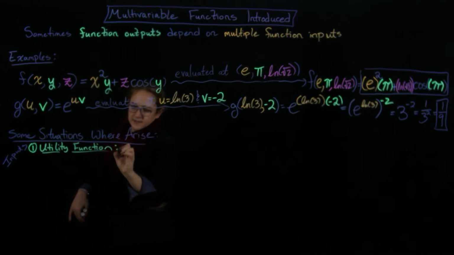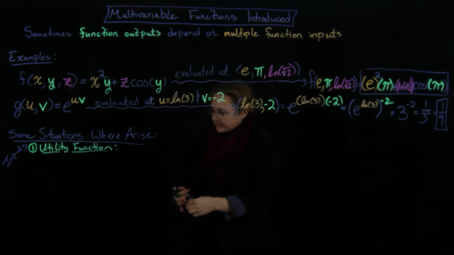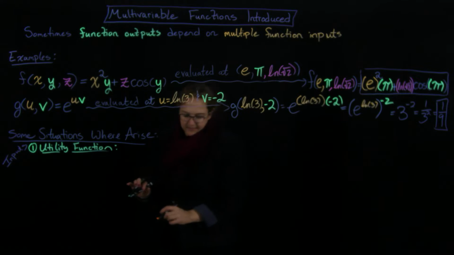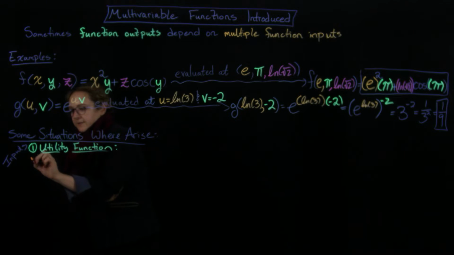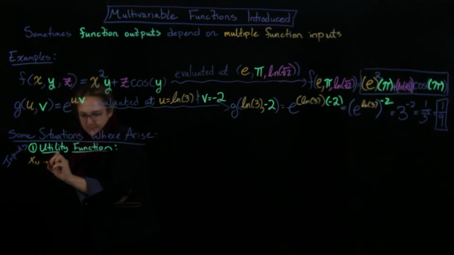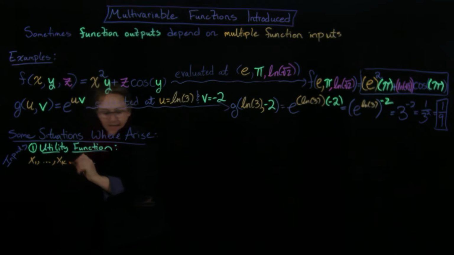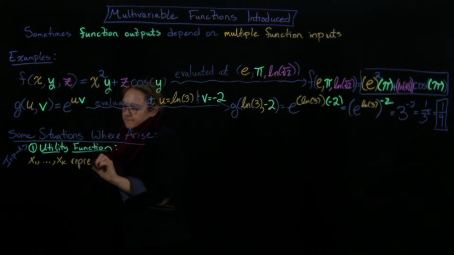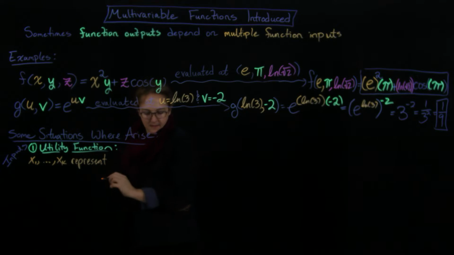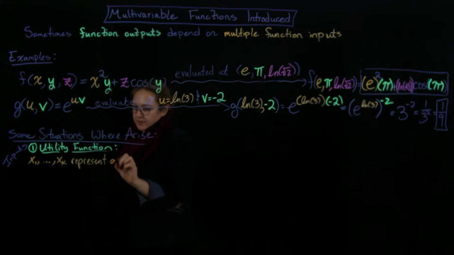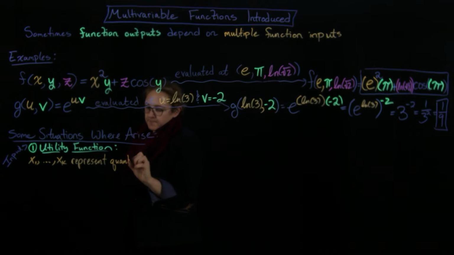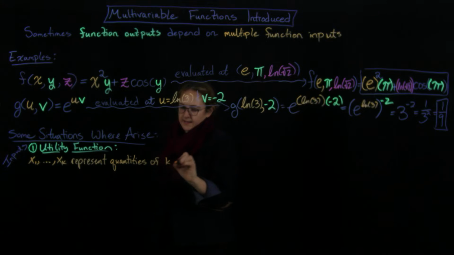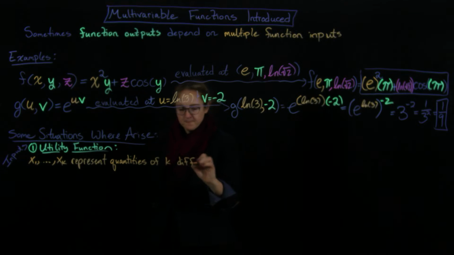I'm not going to exactly give these functions, but maybe I'll do my inputs in orange. In the utility function, x1 up to xk are going to represent quantities of k different goods.